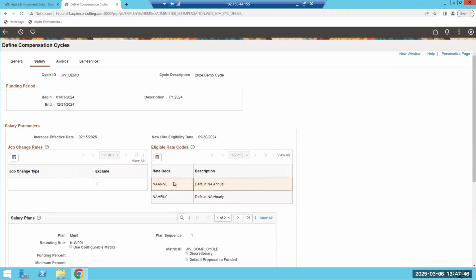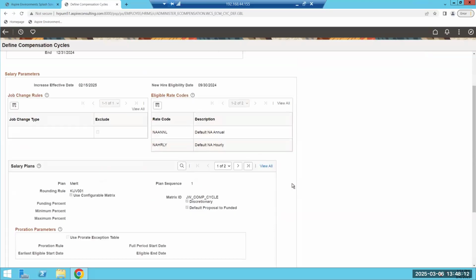If I'd only put NA annual, and somehow when I defined my criteria I inadvertently included some hourly people, it would squawk at that and stop the build process from running because I haven't accounted for everybody in my population.